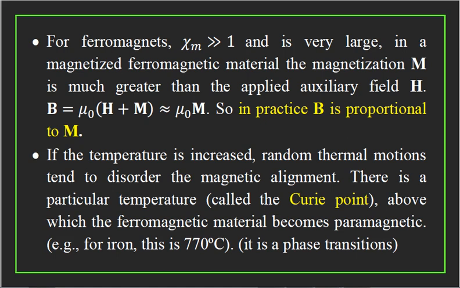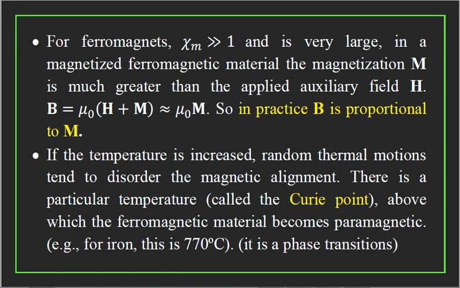Now there is a particular temperature. The ferromagnetism can keep that property only up to a particular temperature. If the temperature of the material is higher than that, then ferromagnetic material becomes paramagnetic material. That temperature is called the Curie point. So above that Curie point, ferromagnetic material becomes paramagnetic material.